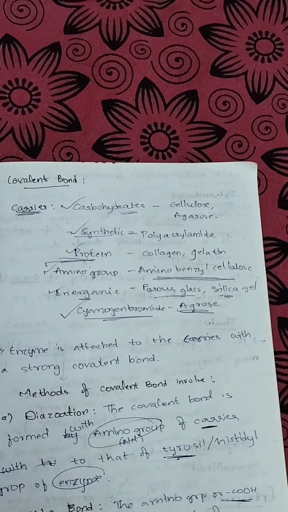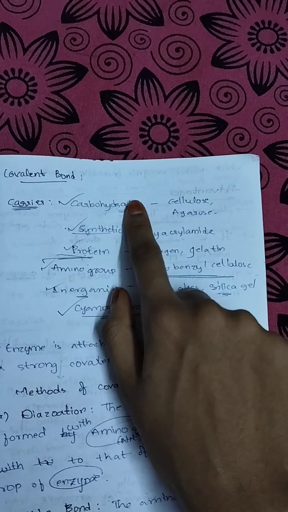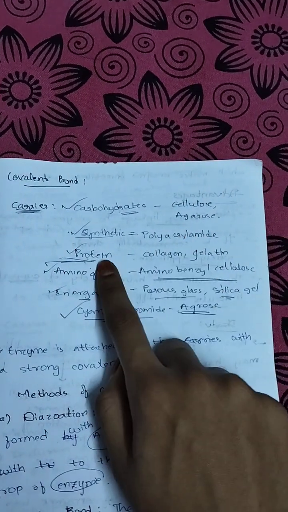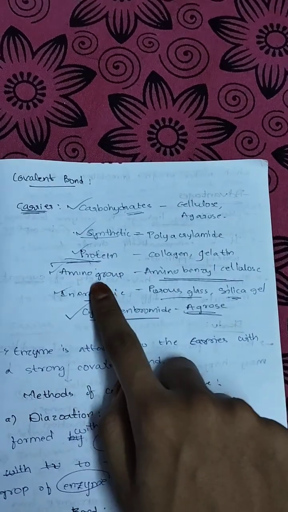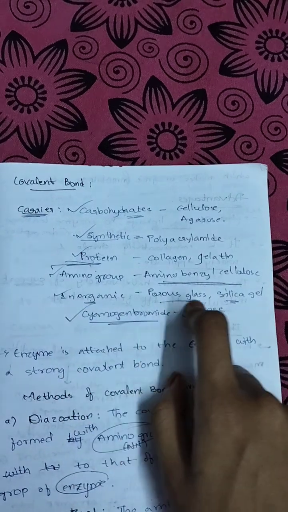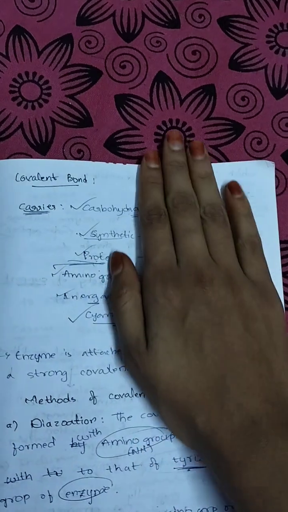Carbohydrate involves cellulose and agarose. Synthetic involves polyacrylamide gel. Protein involves collagen and gelatin. Amino group involves aminobenzyl cellulose. Inorganic involves glass and silica gel. Cyanogen bromide involves agarose.